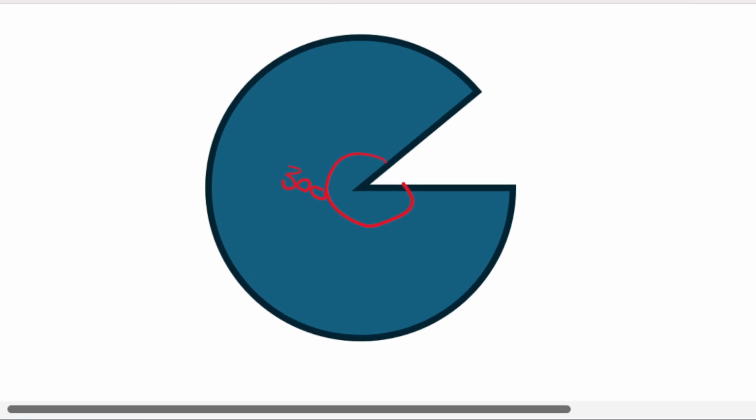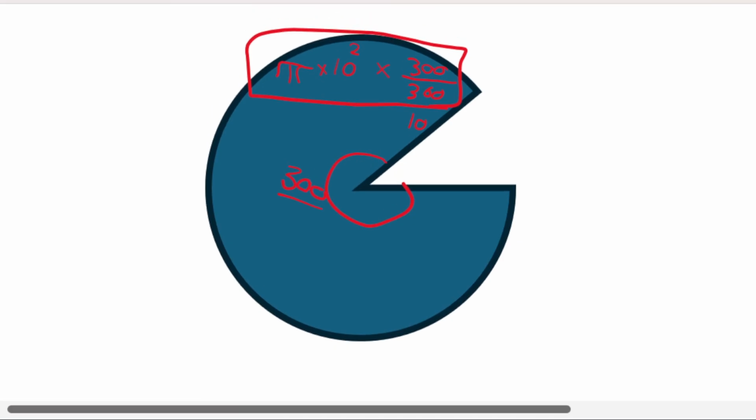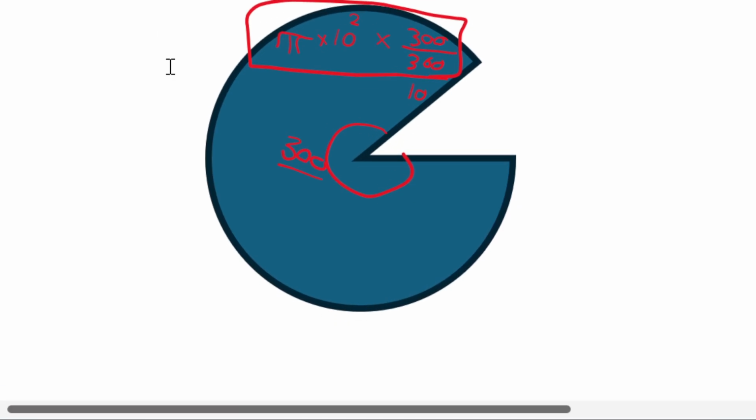Just like we did before, the area is pi times the radius. Let's assume the radius is 10. So it's pi times 10 squared times the angle, which is 300, divided by 360. Plug this in your calculator and you will get the answer. And that's it. This is how you find areas of sectors.